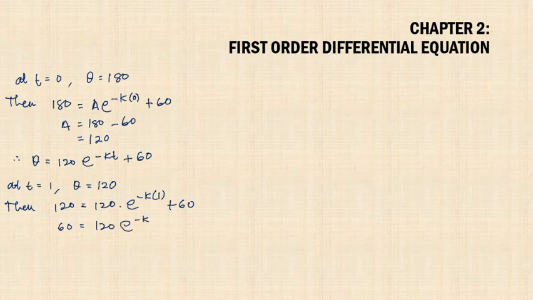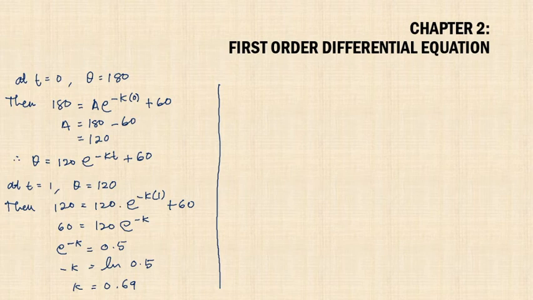We divide 60 over 120, so we are left with e power of negative k equals 0.5, and by taking ln of both sides, we have negative k as ln 0.5, so we have k equals 0.69.